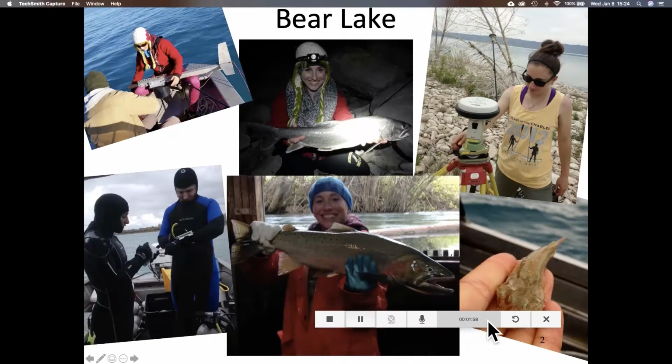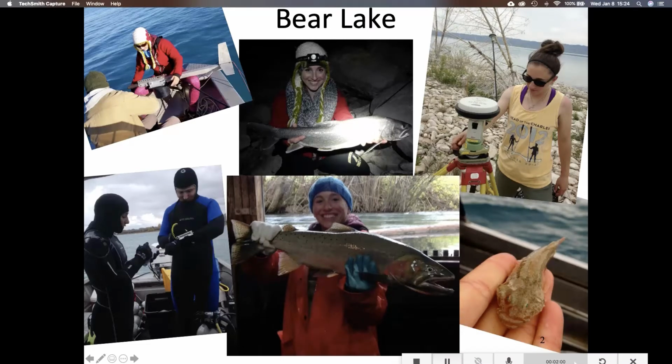Bear Lake is a large oligotrophic lake in northern Utah and southern Idaho. And I was looking at the effects of drought on habitat availability and how that influenced the Bear Lake sculpin and the Bear Lake Bonneville cutthroat trout.